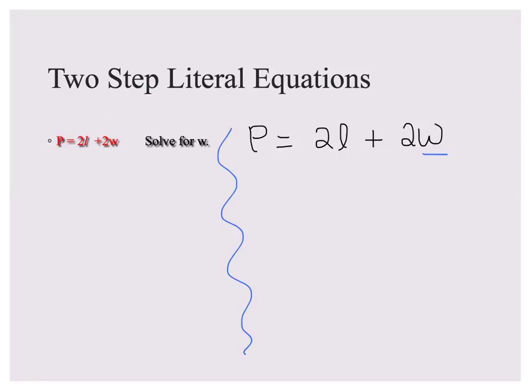What if we were solving an equation that was 10 equals 2 plus 2w? What would we move first? We would subtract 2 from both sides. Well, the same concept applies over here. We're going to move the 2L by subtracting 2L from both sides.